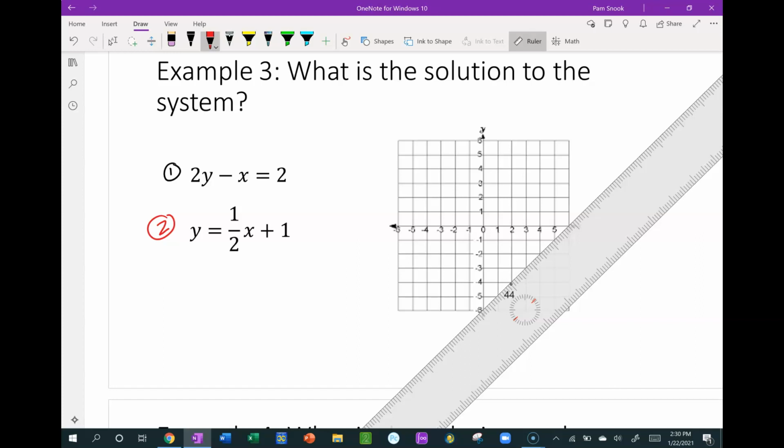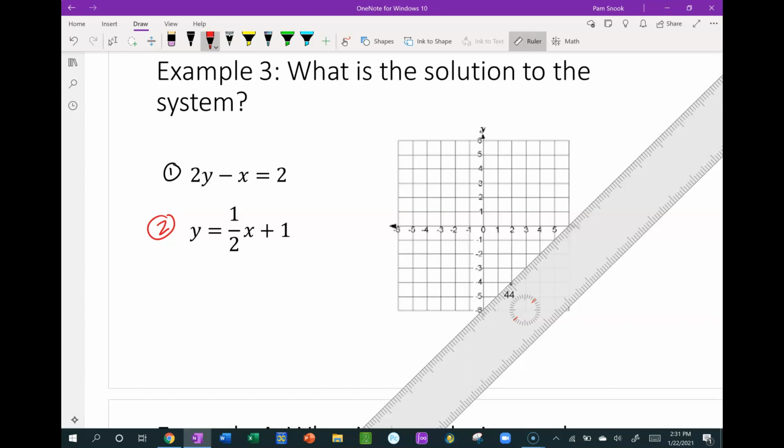So if we have three variables to solve for, say, x, y, and z, then we need three equations. If there's four variables, you need four equations. Now here in Algebra 1, we're just going to stay with two equations and two unknowns. But when you get to pre-calculus, you will be doing more.